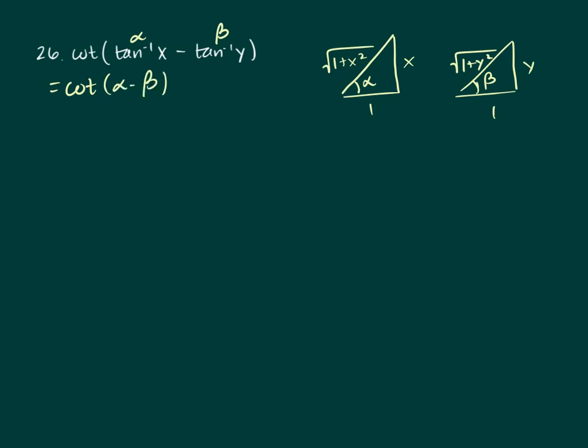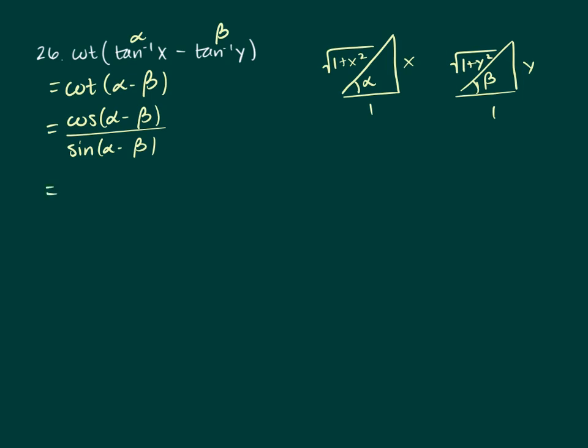We have a slight issue though because we don't have a formula for cotangent, so I need to rewrite this with identities as cosine of alpha minus beta over sine of alpha minus beta. And then I'm going to write each of these out using its addition and subtraction formula.